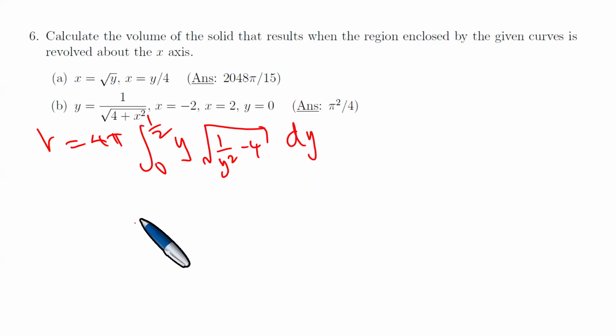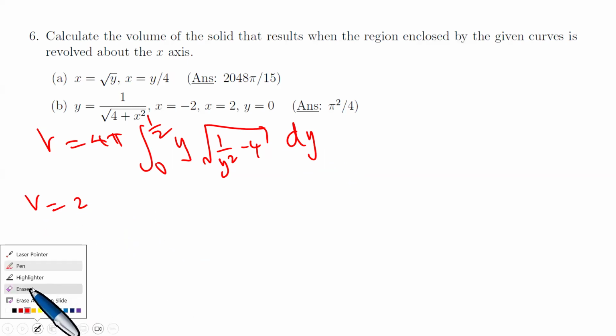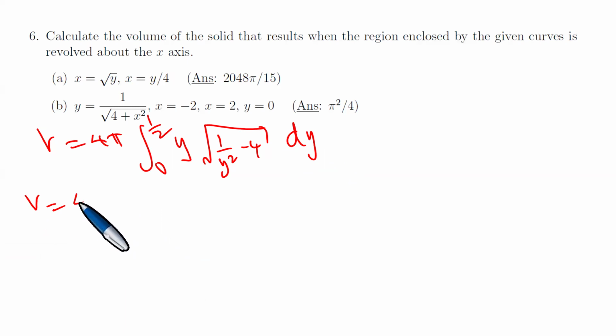Like this. Okay, let us find the integral of this, which is 4 pi. Okay, we do the thing we are used to. 0 to 1/2, and then we have y. Okay, pull out the 1 over y squared. Always, if there's a fraction, you pull out the 1 over y squared. Pull out the fraction like that.